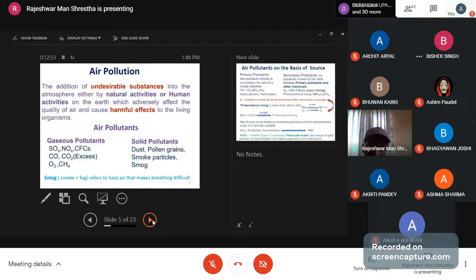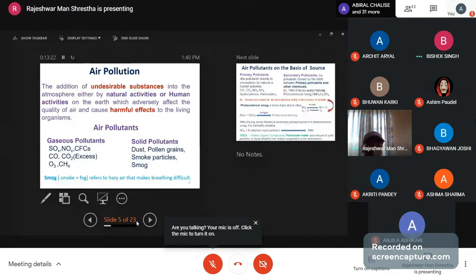Now, what do you mean by air pollution? When unwanted chemicals are released in the atmosphere, either by natural activities or human activities, and when they are present, that will affect the quality of air. When these chemicals or substances are present in the air, that will cause harmful effects to living things, plants and animals.